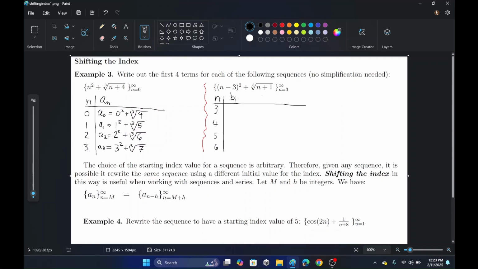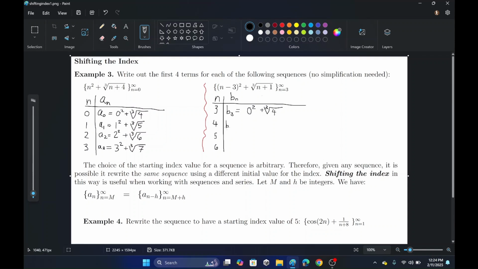I'll call this b_n. So b with a subscript of 3 will equal whatever we get when we plug in 3. So 0 squared plus the cube root of 3 plus 1 in the radical, so that's 4. 0 squared plus the cube root of 4.